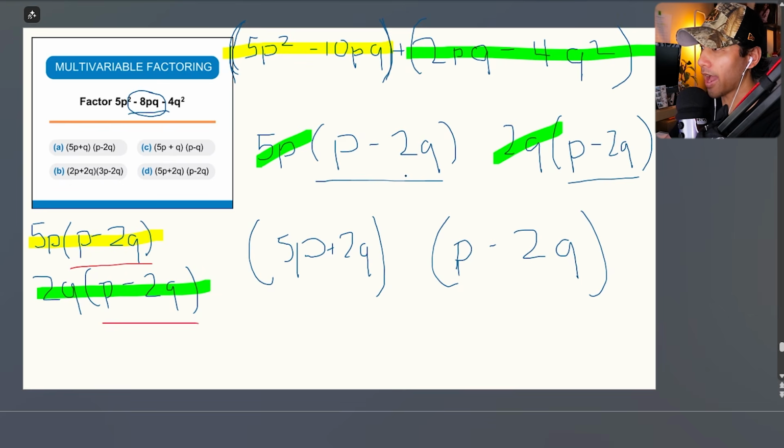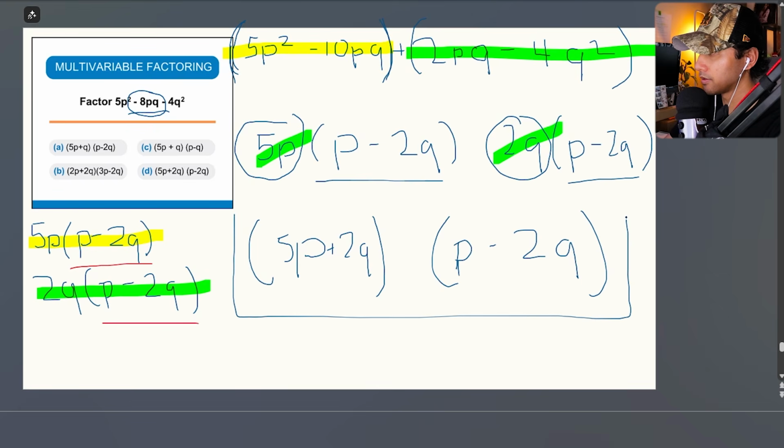So after I factor everything, you're just going to rewrite everything like this, like it's all multiplied by itself. And then you factor out the binomial, which is this. Then you get p minus 2q, and then you get 5p plus 2q, because these two are now going to be grouped together. So this is your answer, and that is answer choice D.